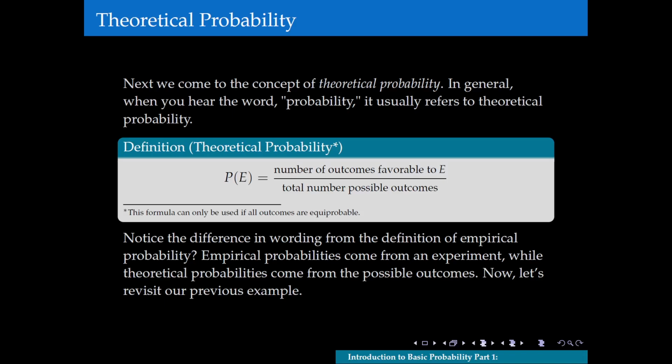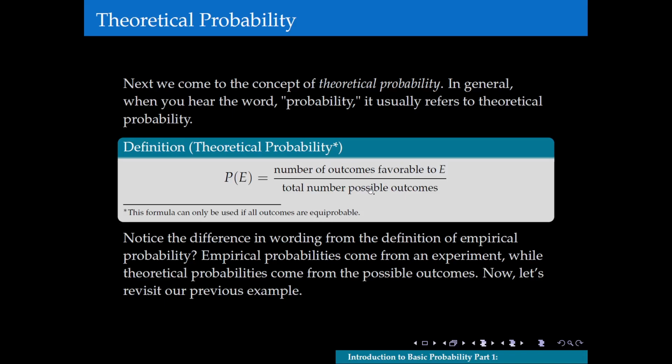Okay? Now, notice I have a little asterisk here. This form of theoretical probability is only really usable if all outcomes are equiprobable. If every outcome has the same probability of occurring as every other outcome, then we can use this.